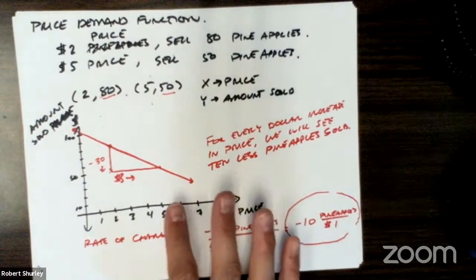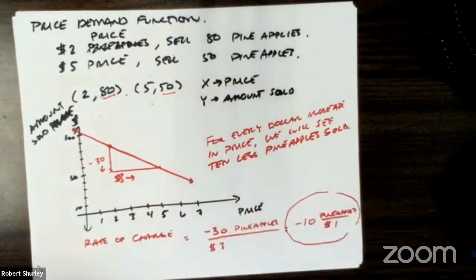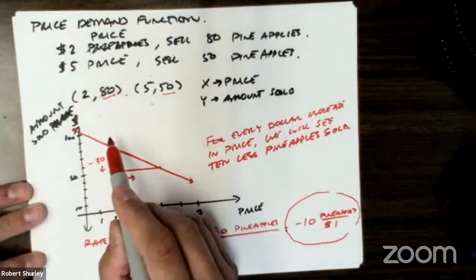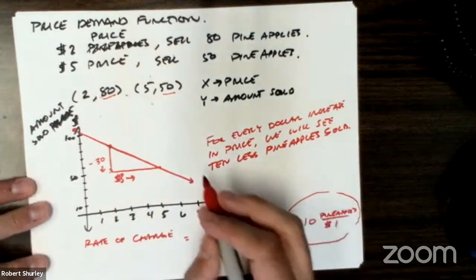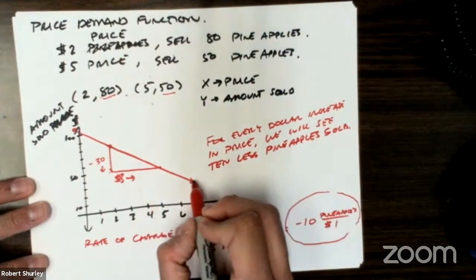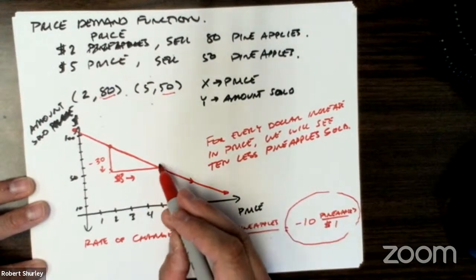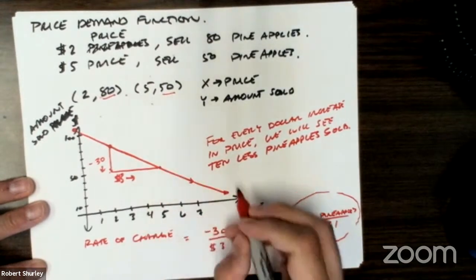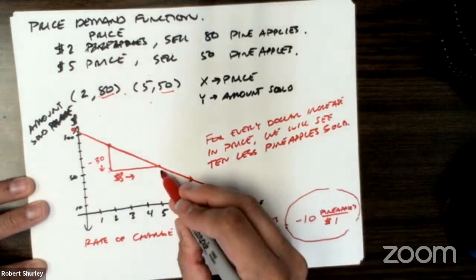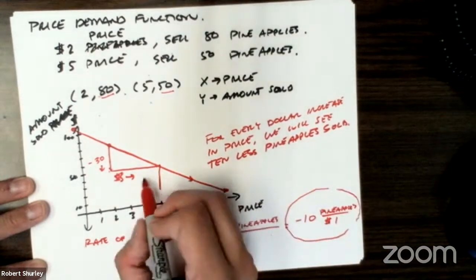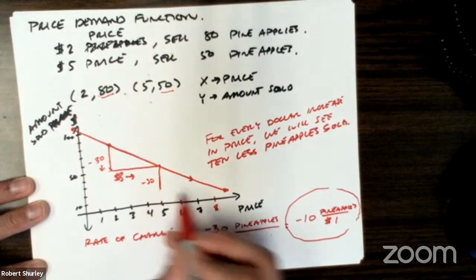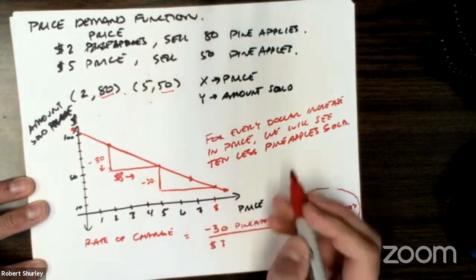Yeah, right. So I mean, think about this. If we kept increasing the price, if we go down 30 and over 3, so if we increase the price another $3, so this was at 5, 6, 7, 8, right? We're going to go down 30 and then over 8.